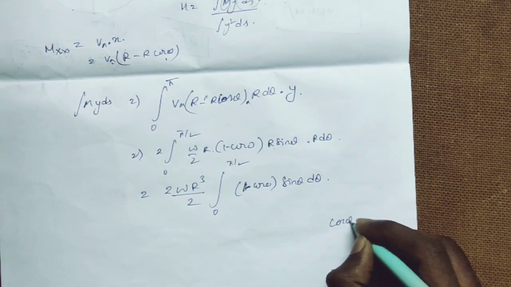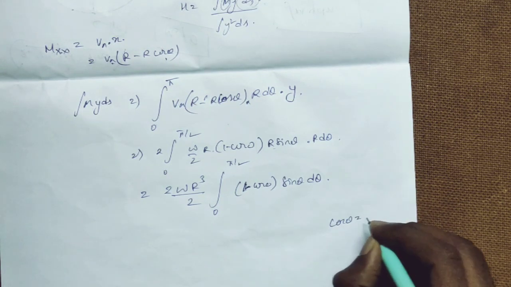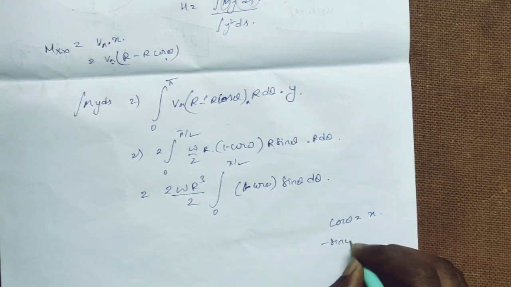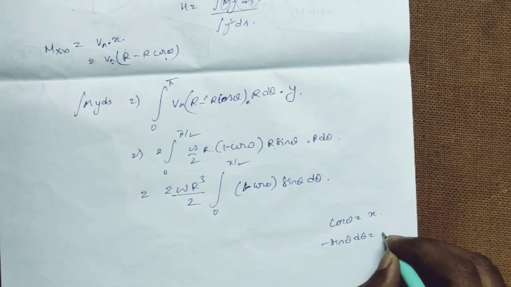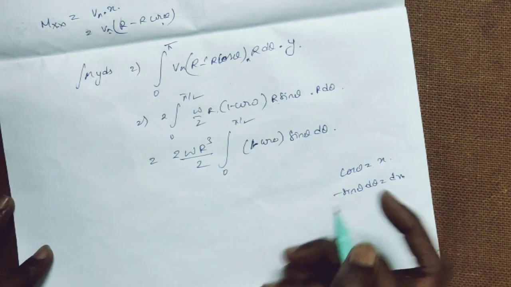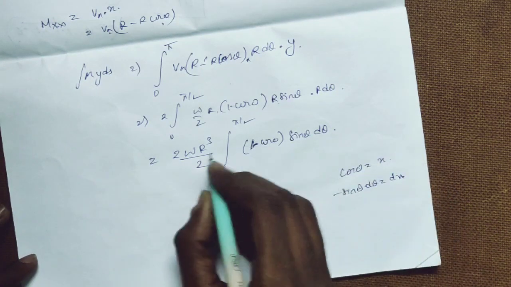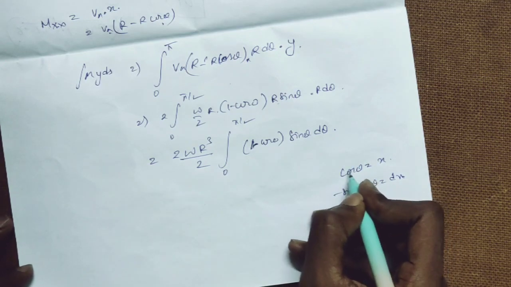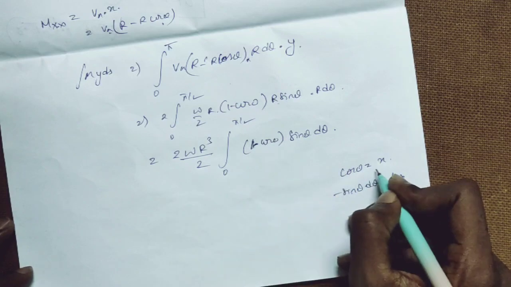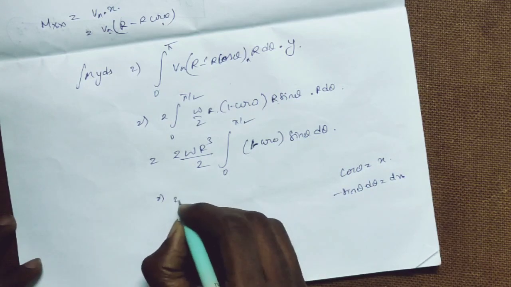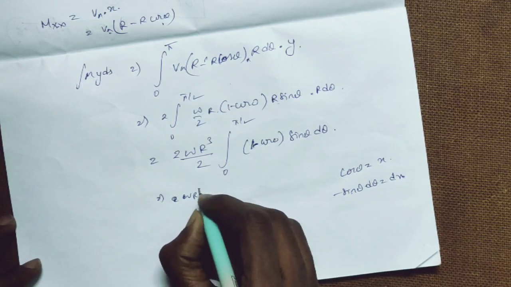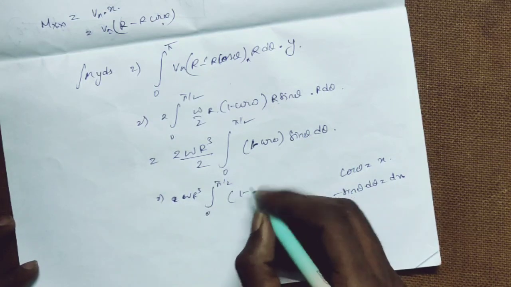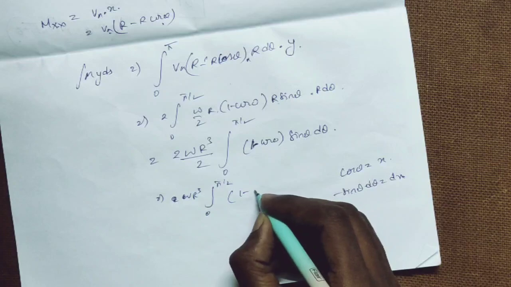Let cos theta be x, then minus sin theta d theta will be dx. So let us replace cos theta with x: W r cube, 0 to pi by 2, 1 minus x.